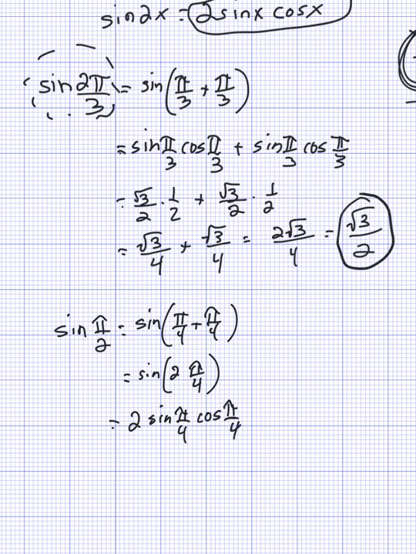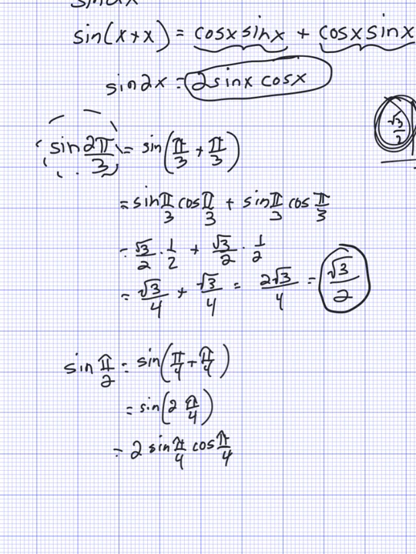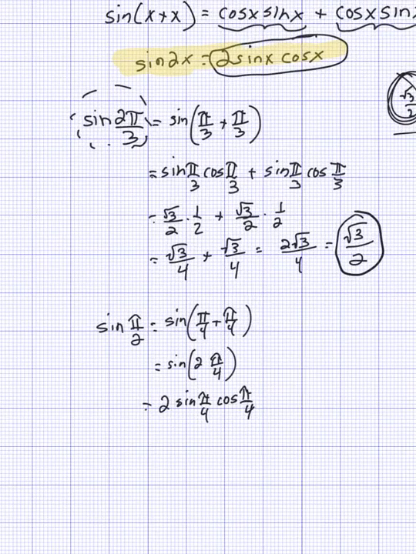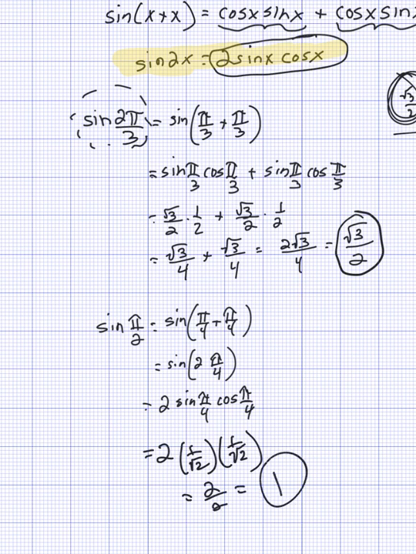We're using this new equation that we built from our compound equation, our double angle formula. That's just going to equal 2 sine of pi by 4, which is 1 over root 2, cos of pi by 4, which is 1 over root 2, which equals 2 over root 2 times root 2, which is 2, which just equals 1, which we already knew. Okay, that's just to confirm.